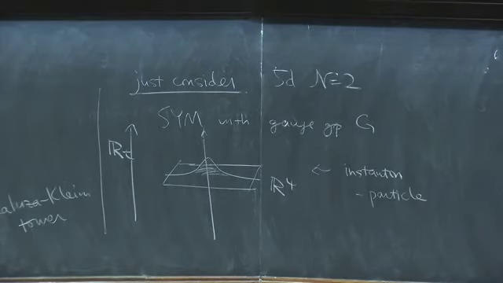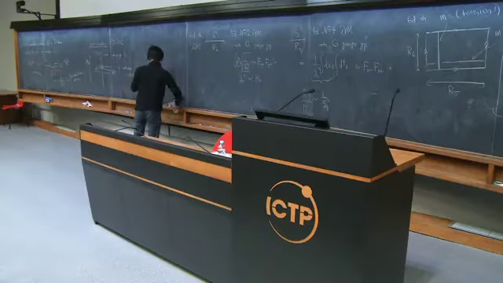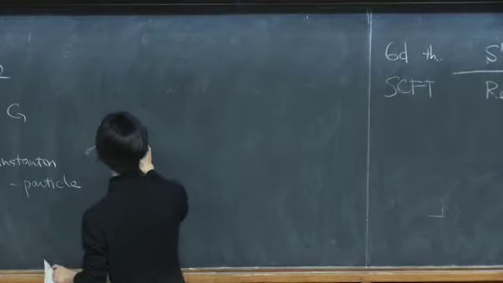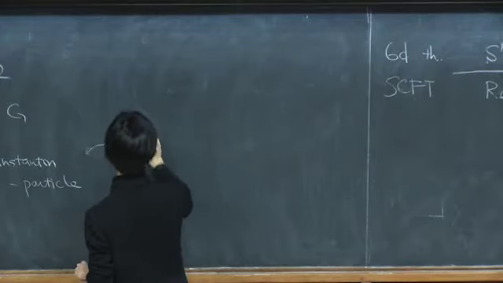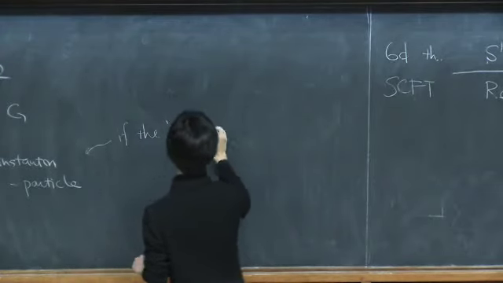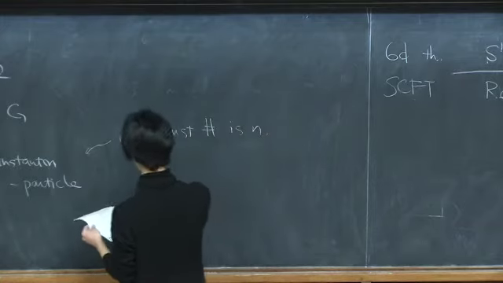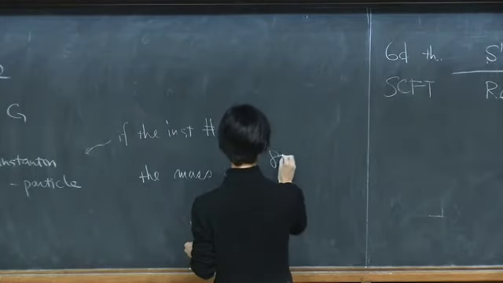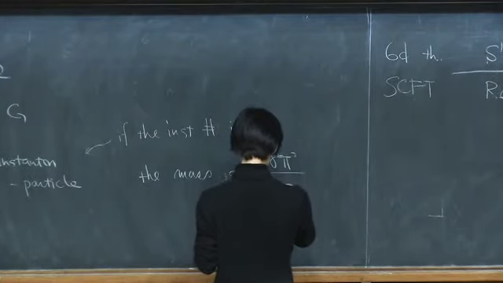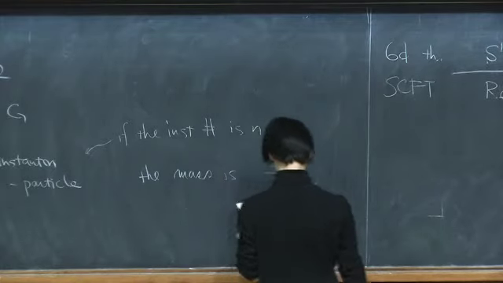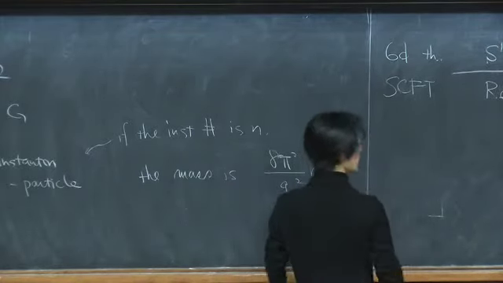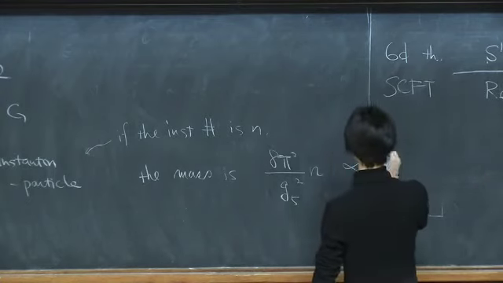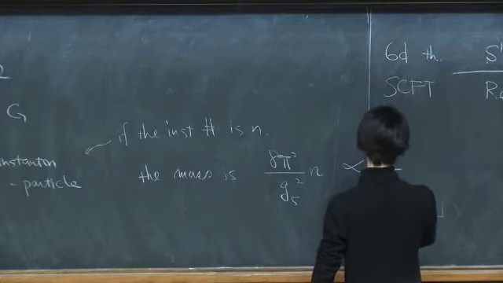The mass is given by the action in the four-dimensional sense of the instanton. If the instanton number is n, the mass is, in the standard convention, 8 pi squared over g5 squared times n. And using this relation, this is proportional to n over R6.